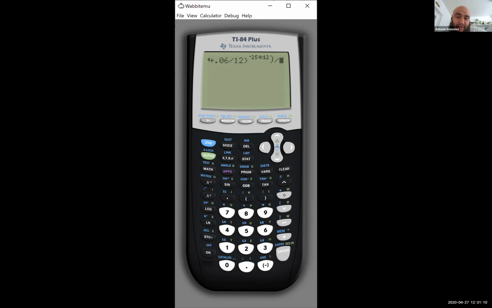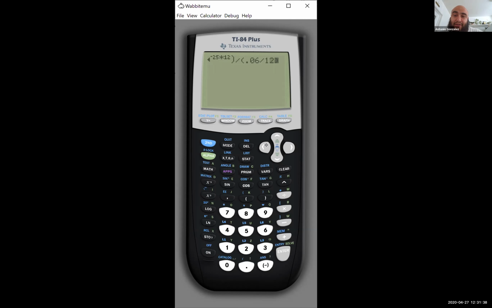If I want to make sure this is done properly, where I divide by 0.06 over 12, I'm going to open up another set of parentheses for the denominator, plug in 0.06 divided by 12, and then close it. Okay, and now I have all of my formula in my calculator.